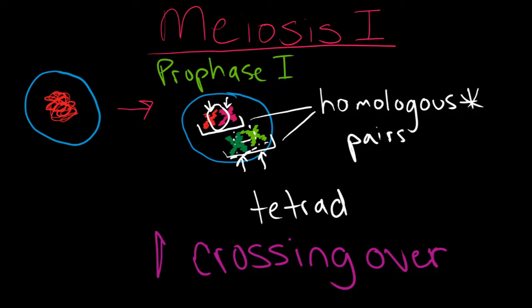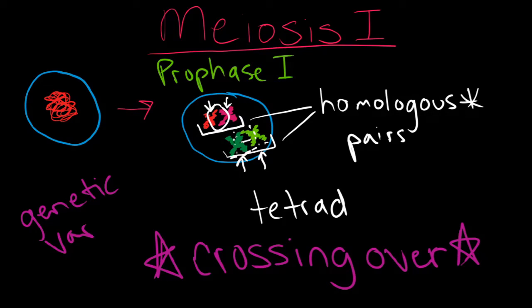This is super, super important. This contributes to so much genetic variation, which is a big deal. In fact, I'm going to write that word on here: genetic variation. That is super key. That's the whole point behind sexual reproduction for many species, that it increases their genetic variation.